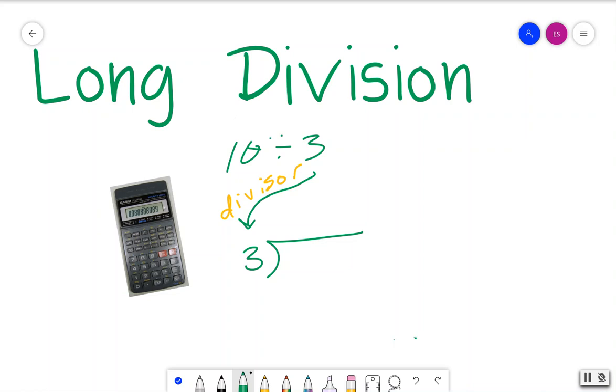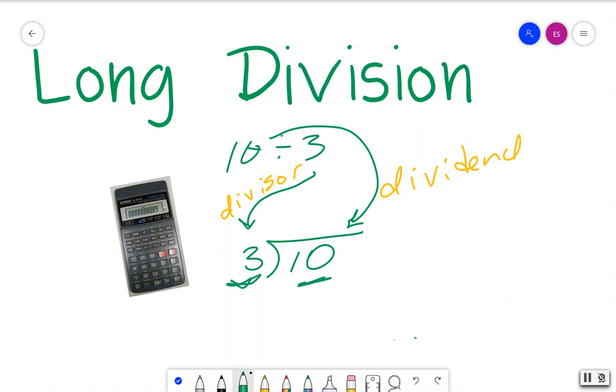And then I would take the other number, which is called the dividend. This is the number you are dividing, and I would put it inside the box. Basically, if this is a box and this is what you're unpacking, this is unpacking the number inside the box.